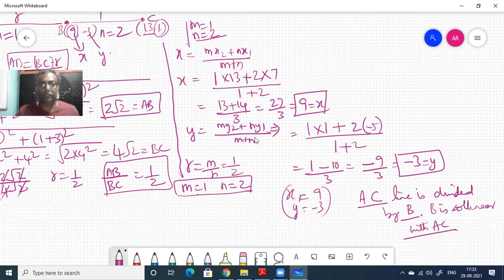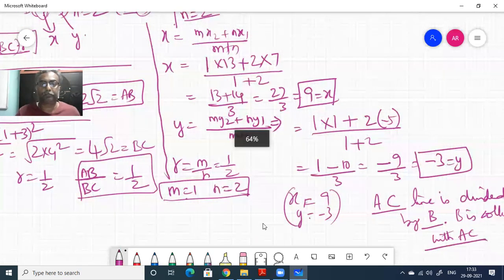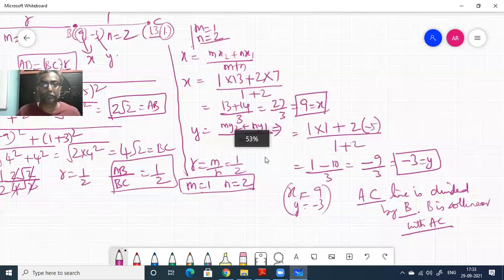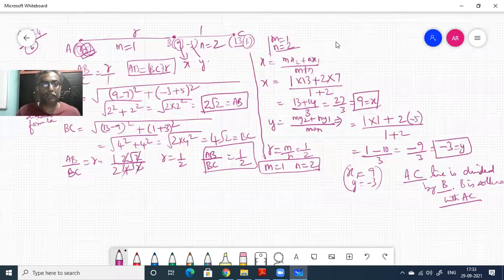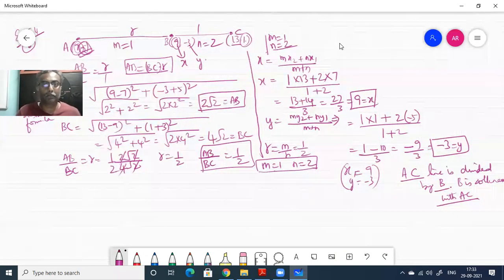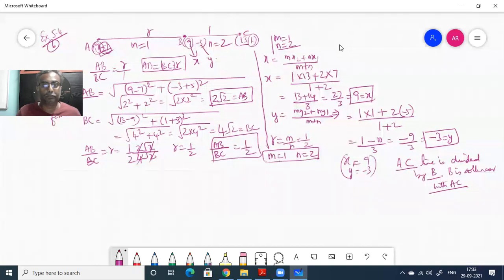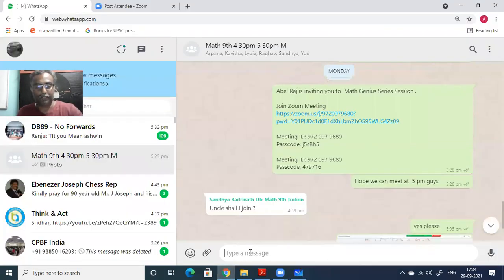Okay, let us take a snapshot like this. These sums are slightly vague, because each one is assuming something.